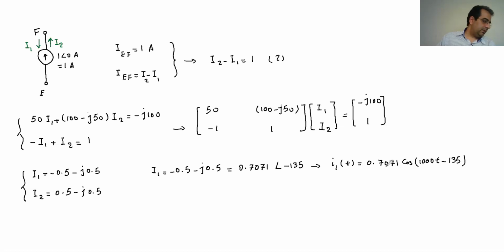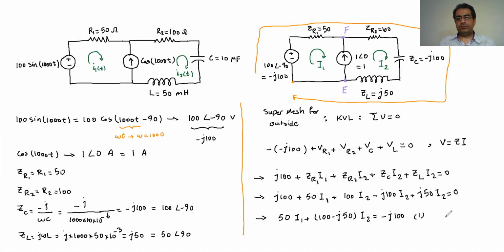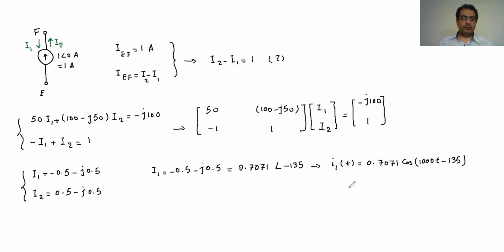This is the i1(t) that I'm going to have here. In the same way I can also find I2. This is the way that we can use the mesh current method to analyze the AC circuit.